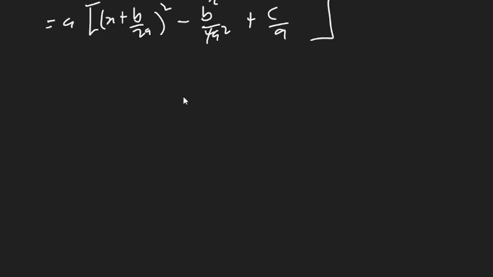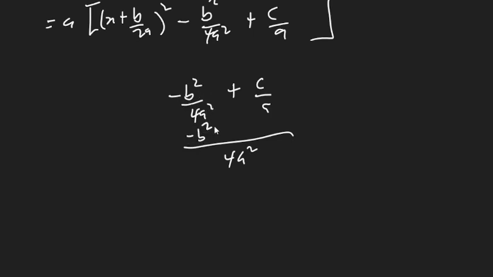So take note, when we have negative b squared on 4a squared plus c on a, let's take the LCM, which is 4a squared. 4a squared divided by 4a squared is giving us 1. 1 multiplied by negative b squared is giving us negative b squared, plus 4a squared divided by a is giving us 4a multiplied by c, which is 4ac.